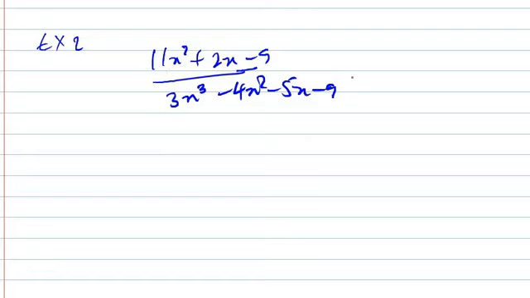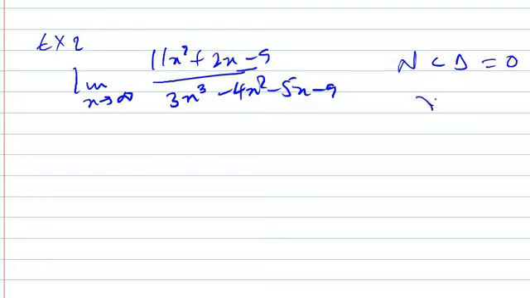In this case, we already know that if the numerator is less than the denominator, we have case 2, which is equal to 0. So we are going to find it as the limit as x goes to infinity. We still divide through by the highest power of x.